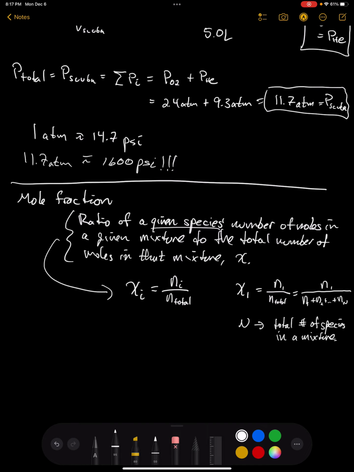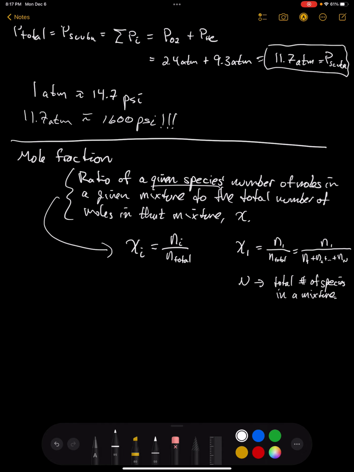Okay? Okay, now what's kind of neat about mole fraction is that since our ideal gas equation says that N is equal to PV over RT, which we can basically write as P times V over RT. I just pulled the pressure out from the numerator, okay?